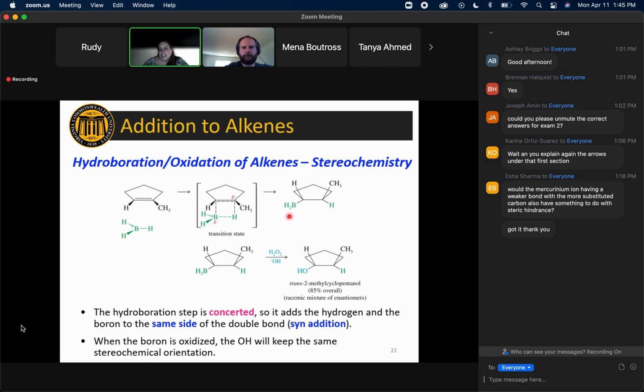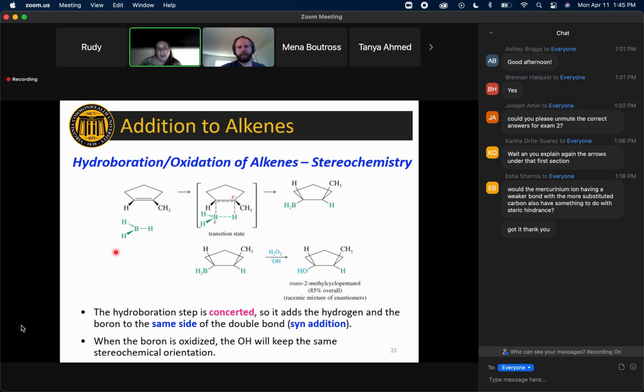It's a syn addition where both the boron and the hydrogen end up on the same side of the double bond. And when we replace our boron with an oxygen, that doesn't change that orientation. So overall, our water molecule that we've added, our OH and our H, are on the same side as each other of this double bond.